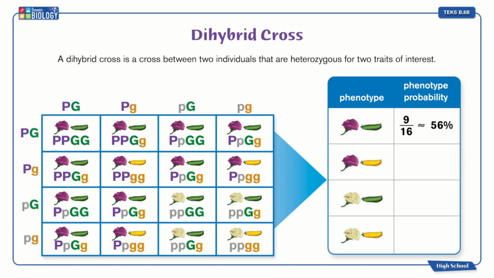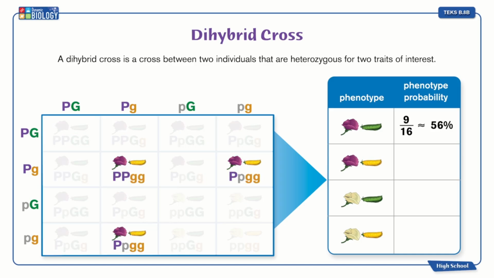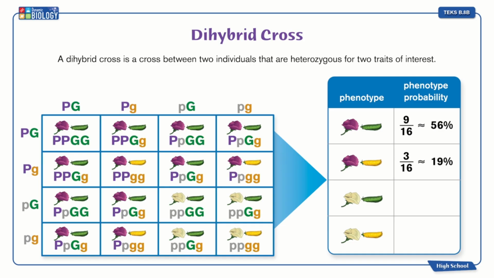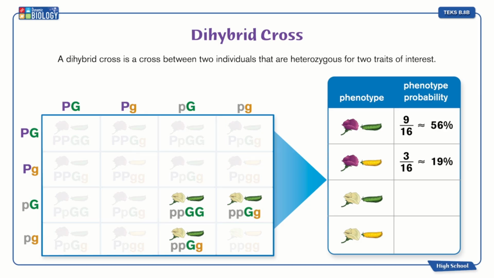How many allele combinations produce purple flowers with yellow pods? 3. So, there is a 3 out of 16 chance, or about a 19% chance, that an offspring will have purple flowers with yellow pods. Continuing our analysis, we can see that there are 3 allele combinations that produce white flowers with green pods.